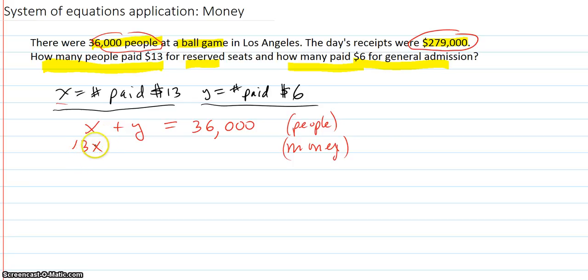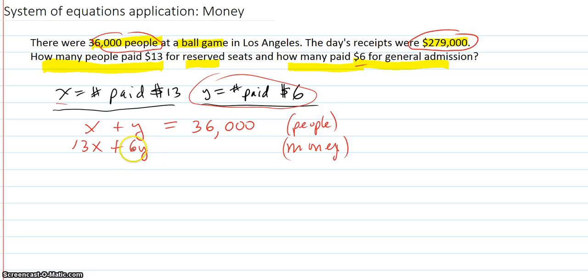So this is money. And on the Y side, how many people paid 6? Y number of people paid 6. So the money taken in total is 6Y. $6 for each of the people.